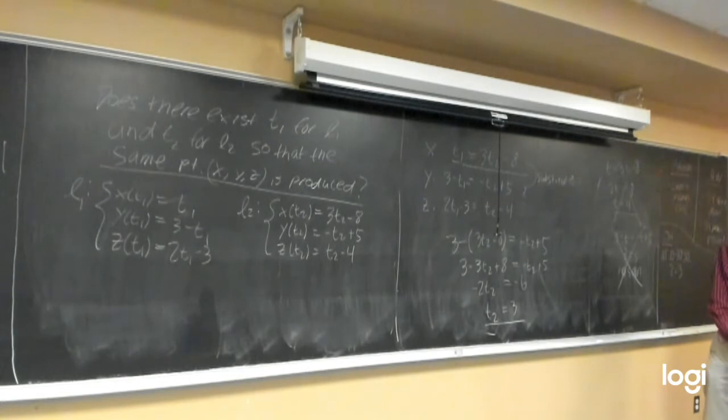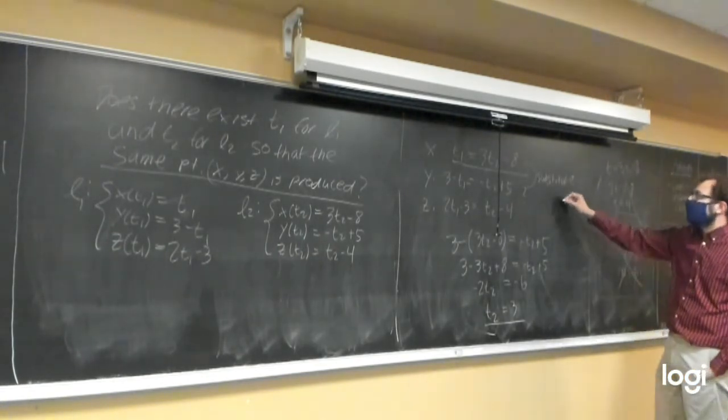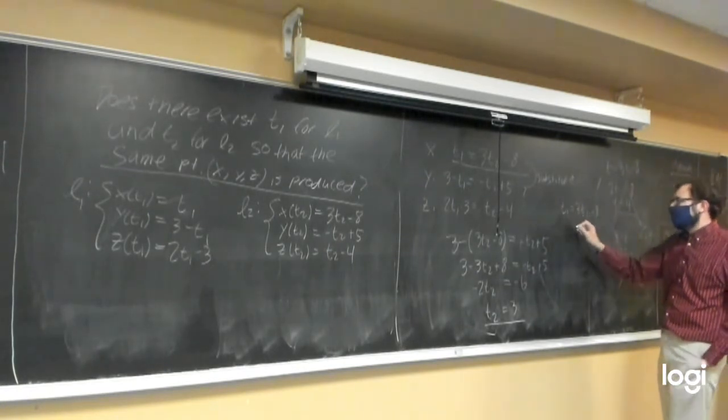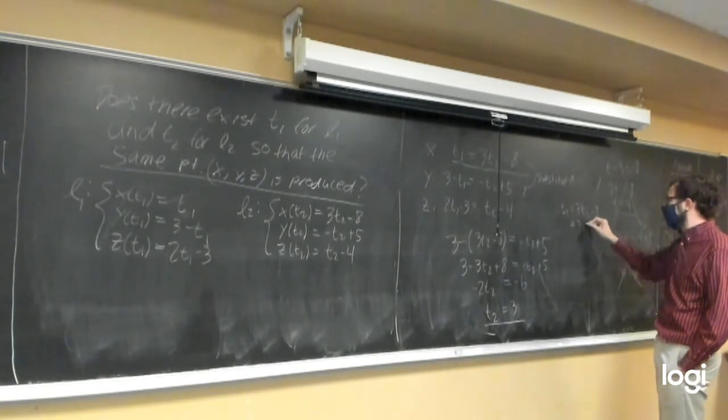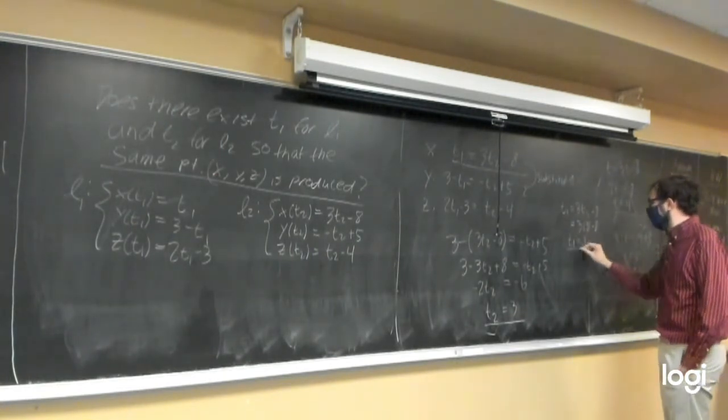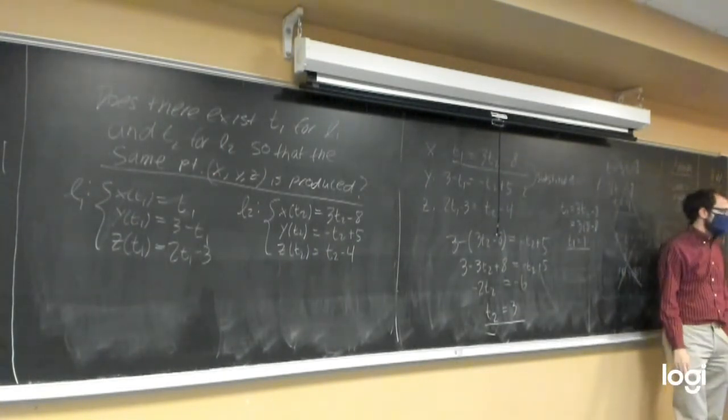Z works. I like x better because x already has just a t1 by itself. So if we do that, we'll get t1 equals 3 times 3 minus 8, which is 9 minus 8, and that tells us t1 is equal to 1.